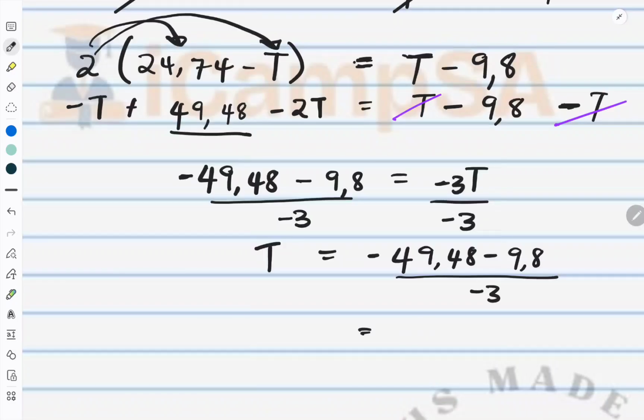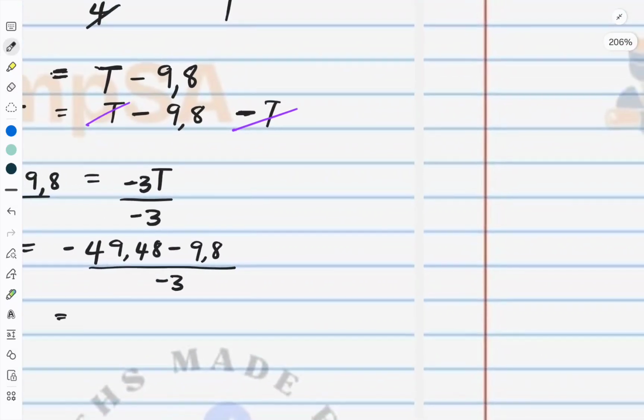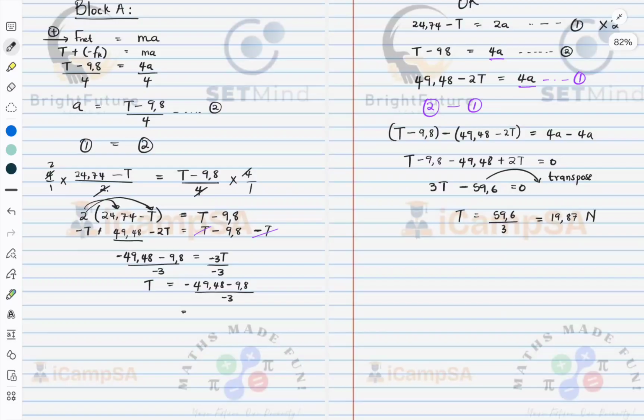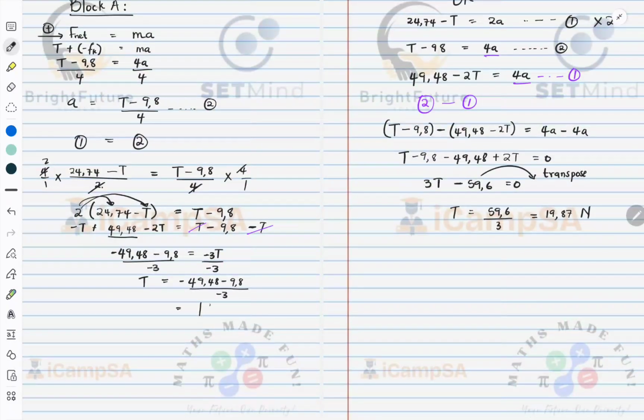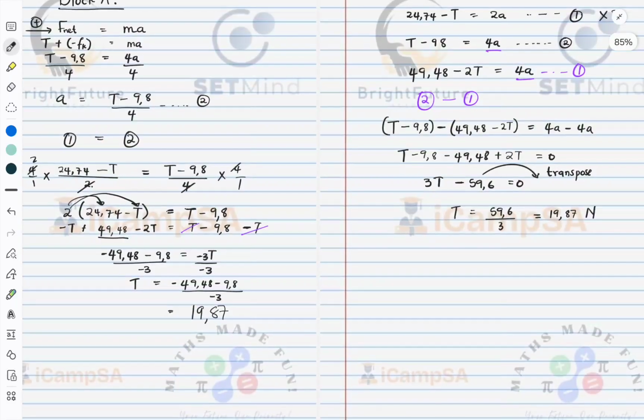Minus 49.48 minus 9.8 divided by minus 3. Yes. I get 19.87. That's what we should be getting.